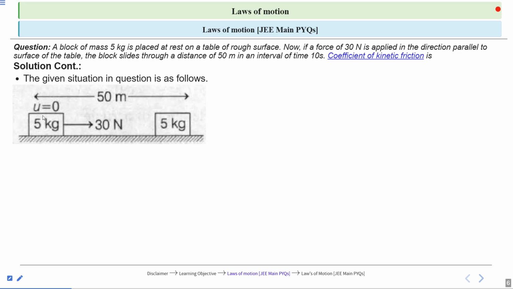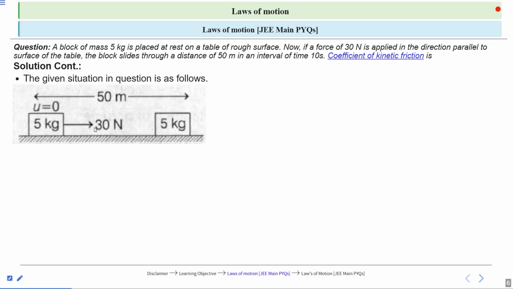So the initial velocity of the block should be 0. Now if a force of 30 Newton is applied on this block in the direction parallel to the surface of the table, this is a rough table and the direction is parallel to the table. It means the applied force is 30 Newton.